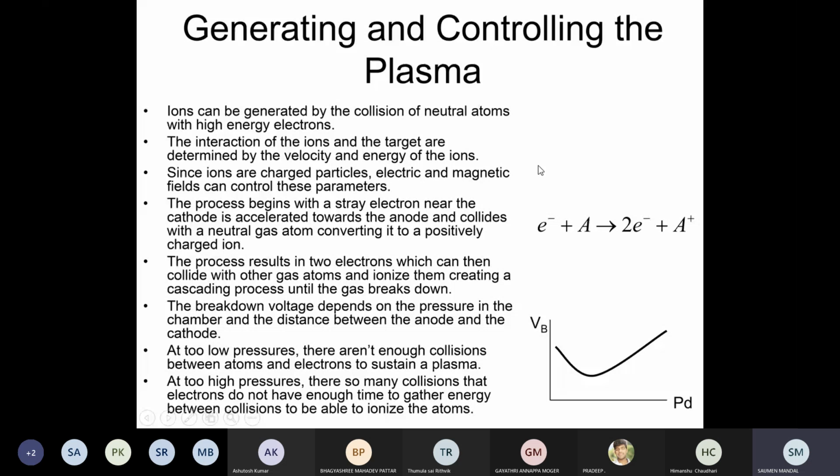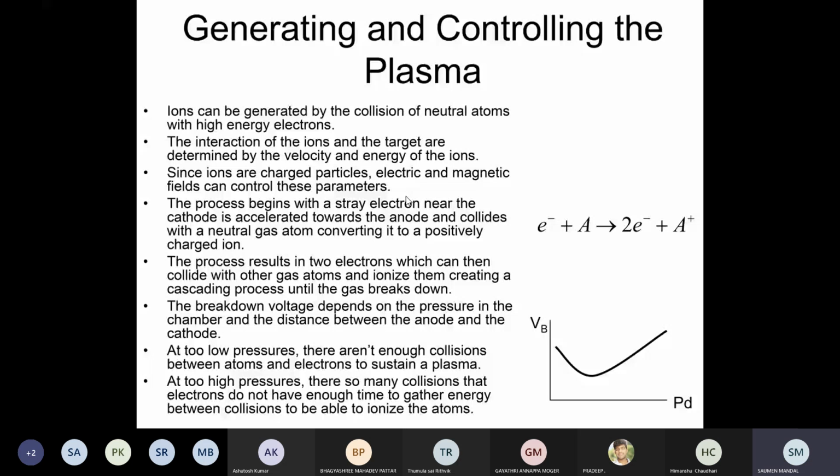Since ions are charged particles, electric and magnetic fields can control this parameter. When the ion is charged, it is much easier to control by electric or magnetic field.